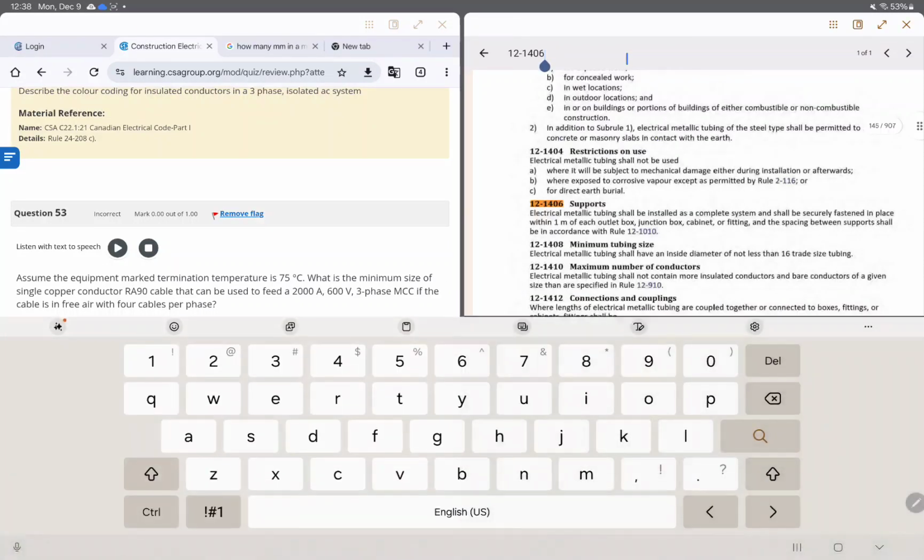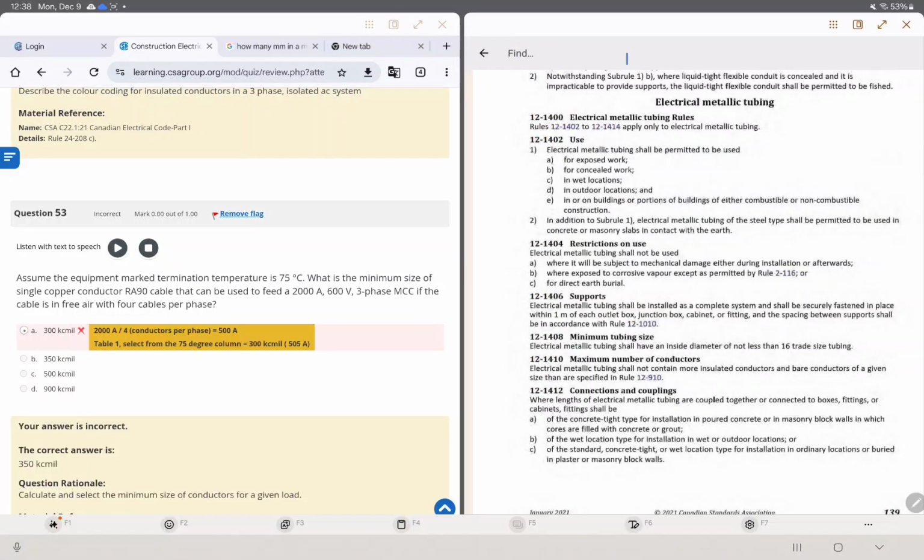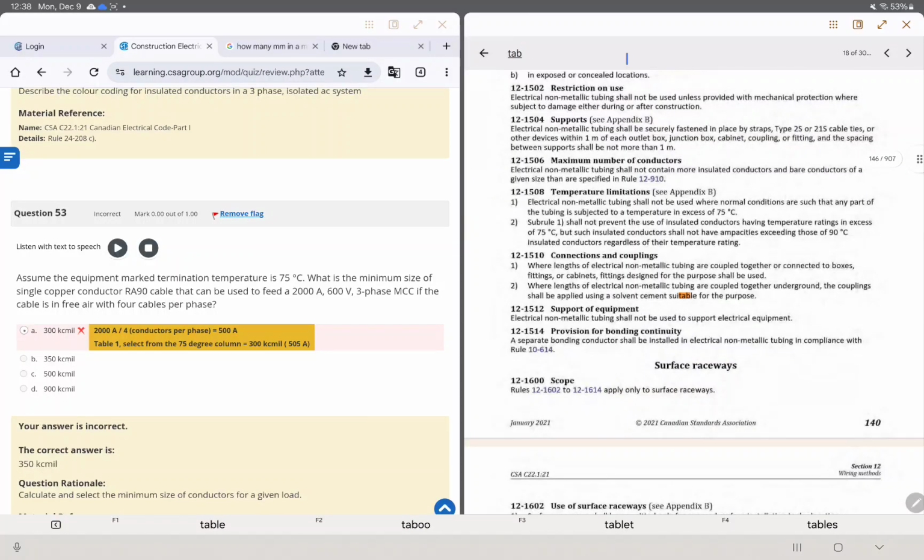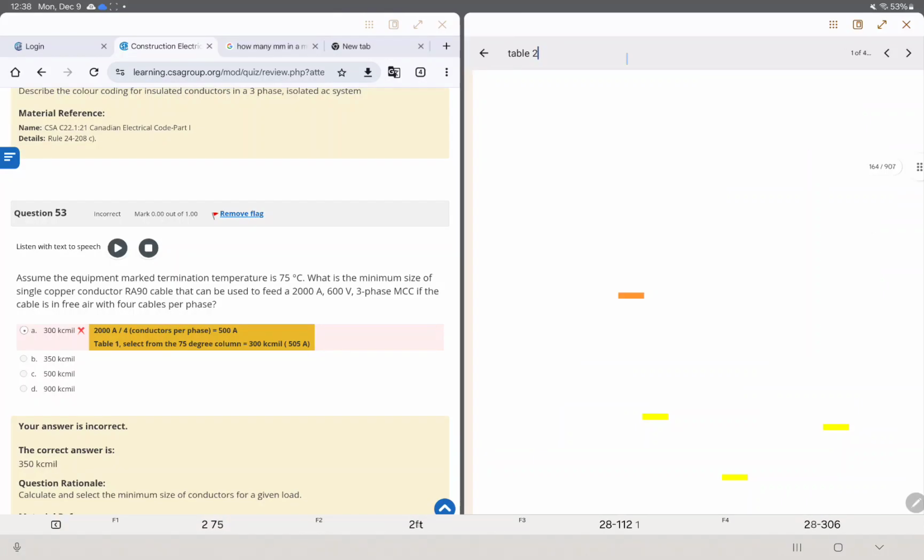Let's go to table, and this is free air. So let's go to table 1, and then from table 2, we'll go to the free air table. Table 2.